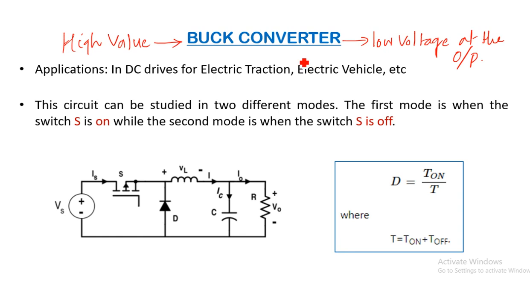This is the work that a buck converter actually does. Its application is where we want a lower value, but we have a supply of high value, a DC power supply. We use a buck converter to lower it down.